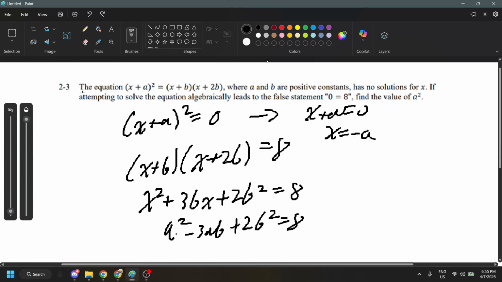We need some other piece of information to solve this. I don't know what that is. I think it's the fact that there's no solutions for x. I think that's the key fact we need here, but I don't know how to get that.